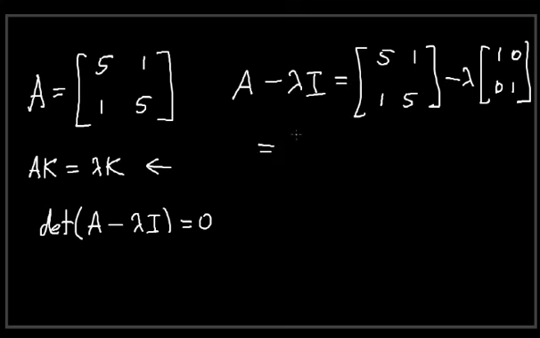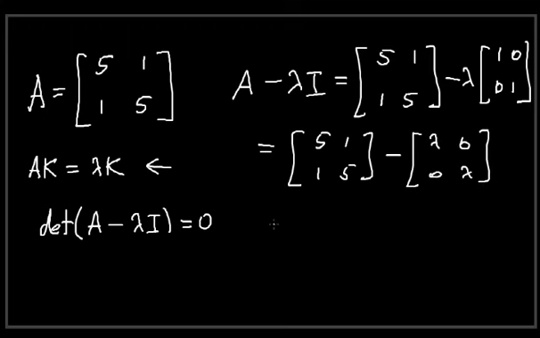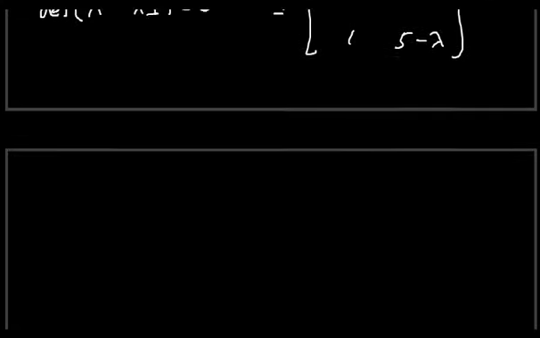So we get 5, 1, 1, 5 minus lambda, 0, 0, lambda, and that gives us 5 minus lambda, 1, 1, 5 minus lambda. The matrix that's going to be used for the determinant is just the matrix A with lambda subtracted from its diagonal entries. Okay, great.